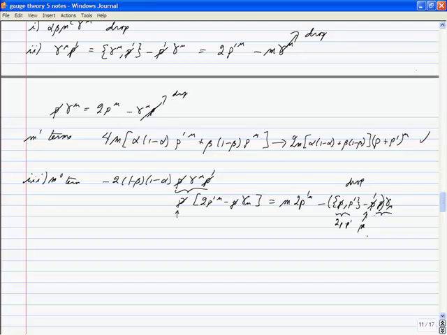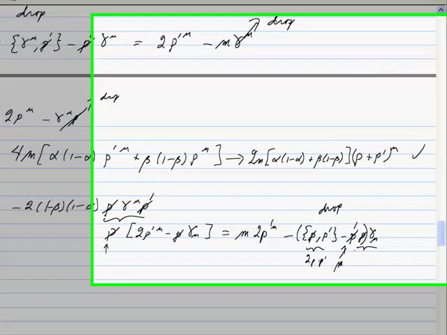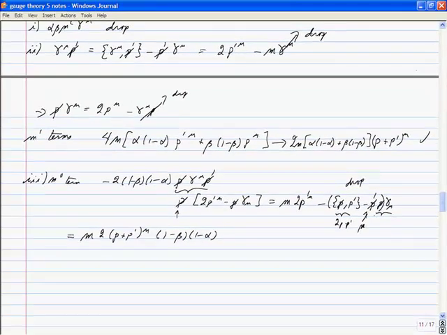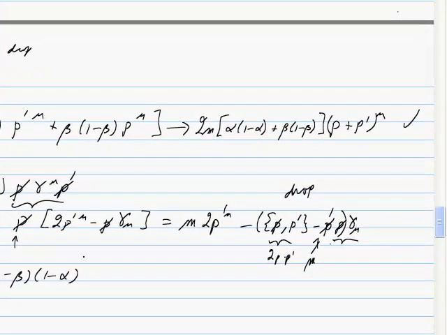This guy, we use the identity that we used up above. It's sitting right there. To write that as 2p mu. So this ends up, after this work, is just m times 2p plus p prime mu times this 1 minus beta, 1 minus alpha, and I have a minus 2 sitting times minus 2 from up above.